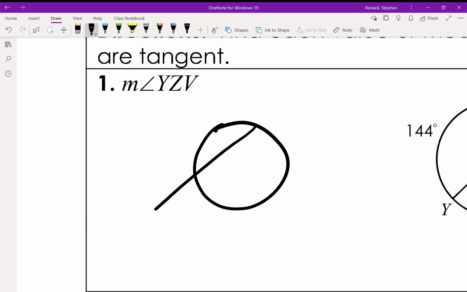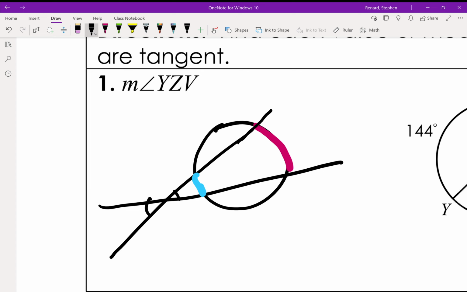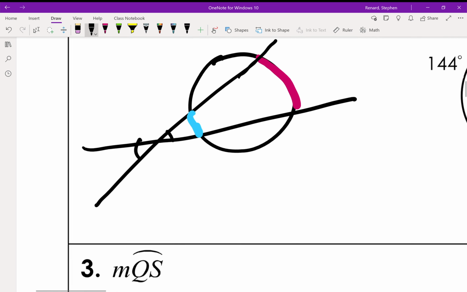Here's our circle. So we know that these two are the same. So we've got the first angle right there, and then the second one right here. So these two lines that intersected are describing or intercepting two separate arcs.